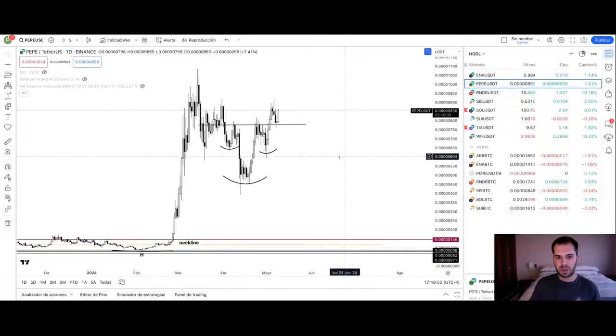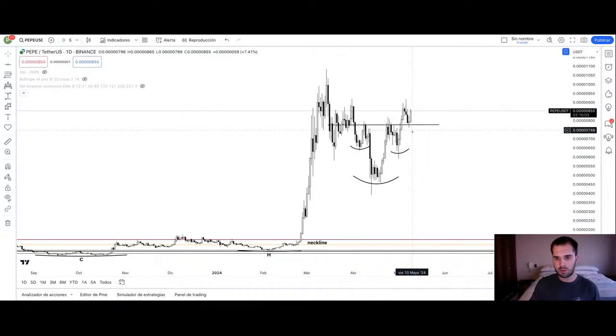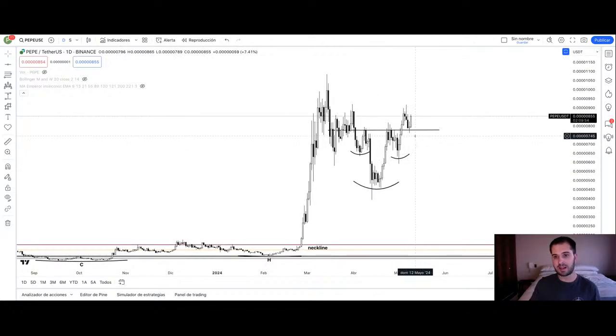Another good one has been Pepe. We had a head and shoulders here, the left shoulder, the head, and the right shoulder, and we actually backtested at support, and now we're springing. We're pumping from this backtest as support, which was previously resistance.